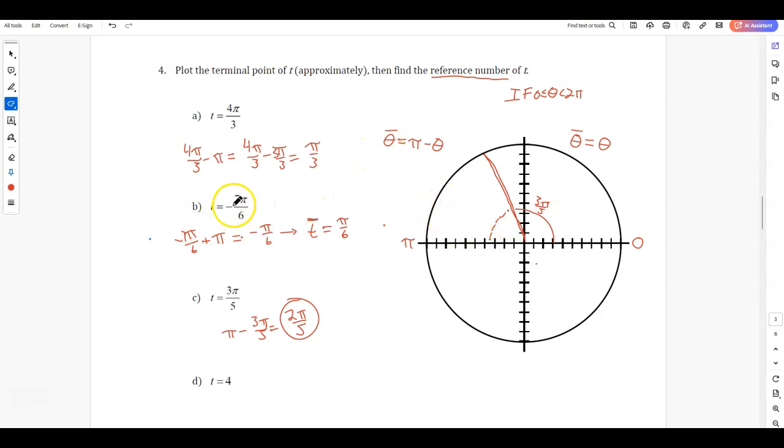Again, like for part B, right, if I have negative angles, that's not between 0 and 2 pi. So I might need to add 2 pi to get back to a number that's in that range, or just figure it out some other way with distances. But generally, you can always add or subtract 2 pi to get back into this range if you need to.